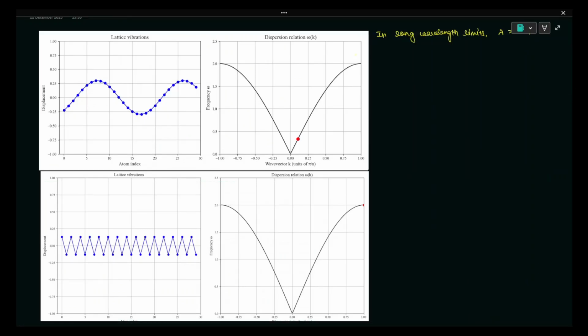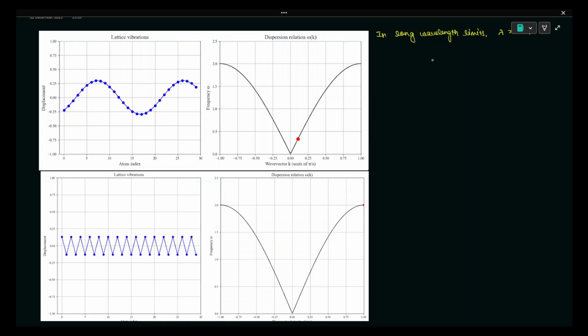Hello everyone. So let's try to recap what we have discussed in the previous lecture. We have derived the dispersion relation for a 1D linear chain of atoms, or what I can say is a linear monoatomic lattice. We have seen the limiting cases, such as the long wavelength limit, where lambda is very large compared to the lattice spacing.